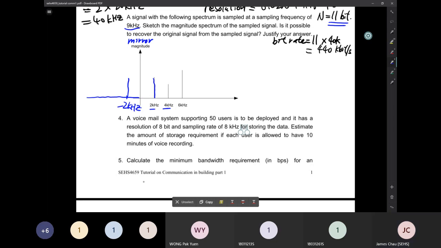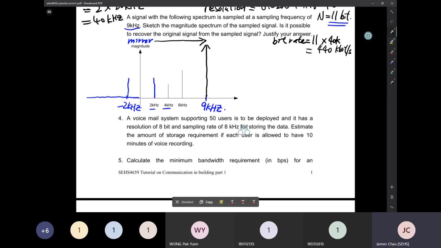Therefore, for example, here. Okay. And now you make a mirror image so that you move the y-axis to here.